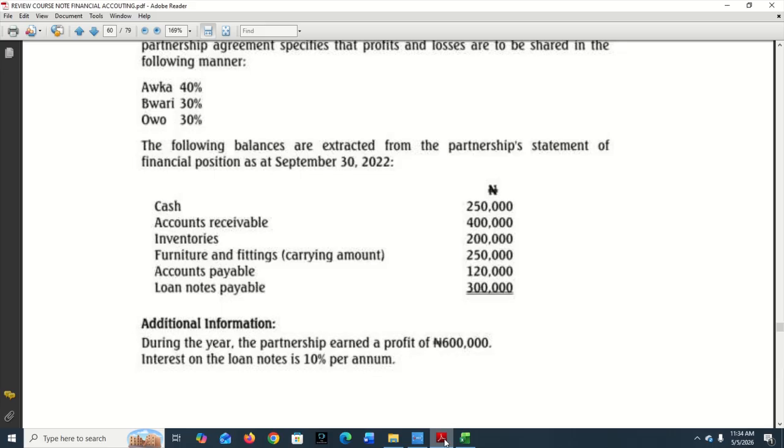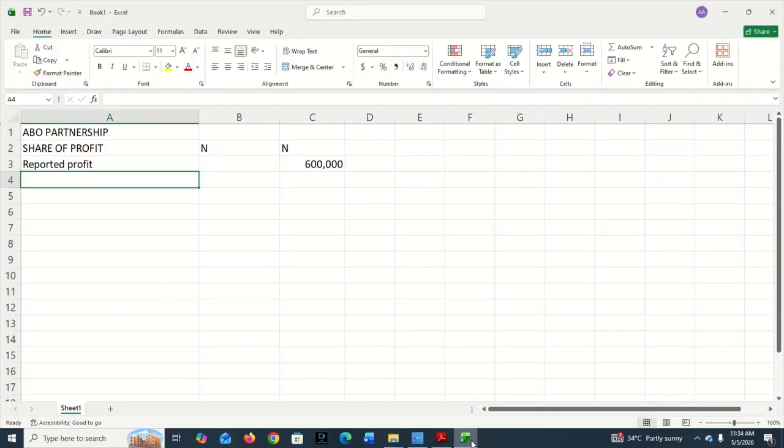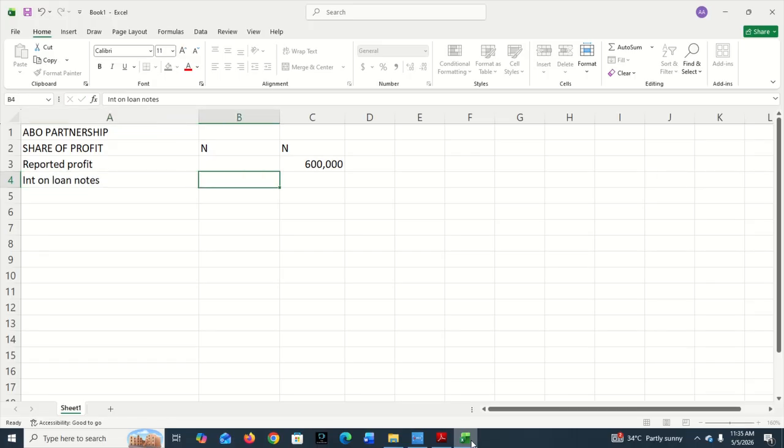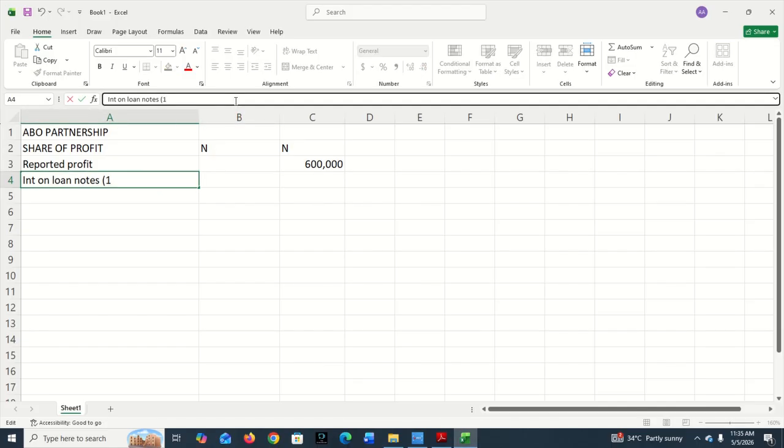So let's go. So how much is that? Interest on loan notes. So 10%, then we go and calculate 10% of the value of the loan note.